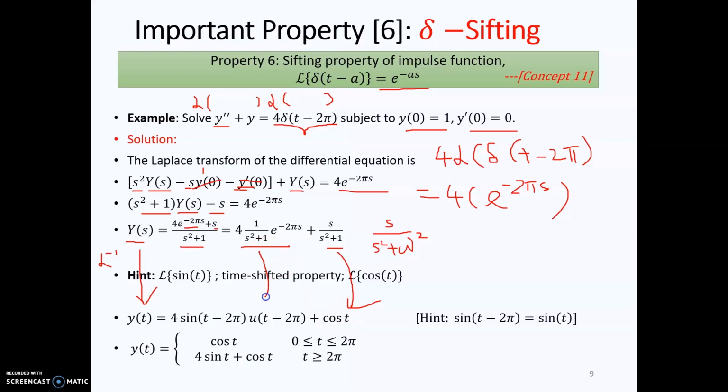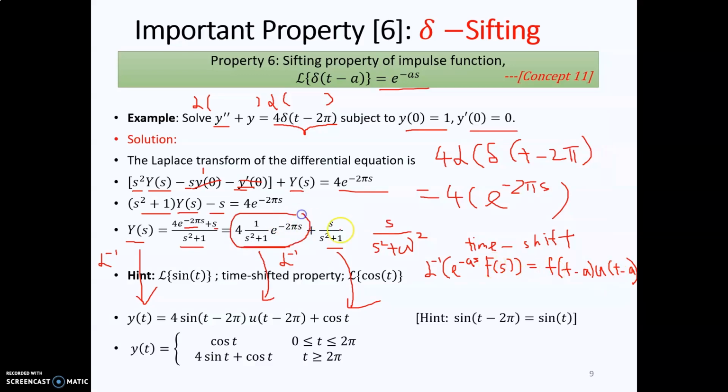Then you see this term, okay, to take the inverse Laplace transform, you see there is an exponential function. That means you have the time shift. This is the time shift property formula. When you take the inverse Laplace transform for exponential negative as F(s), then you will obtain f(t minus a) u(t minus a). So when we compare to this term, you will obtain the a to be this, which is 2 pi.